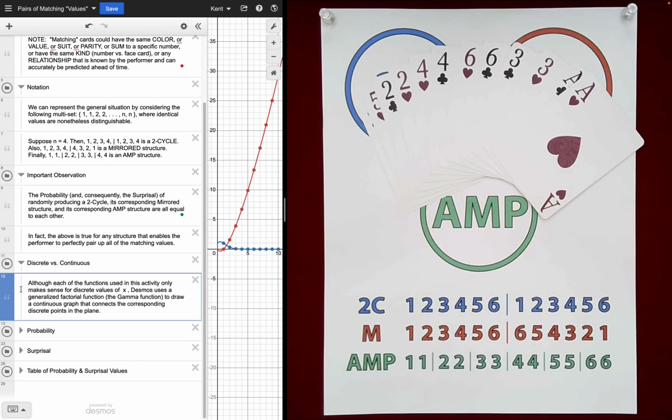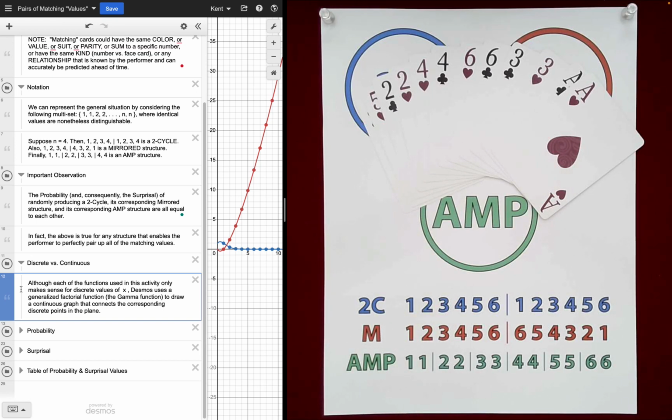Okay, so let's take a look at a Desmos idiosyncrasy. Although each of the functions used in this activity only makes sense for discrete values of x, Desmos uses a generalized factorial function, the gamma function, to draw a continuous graph that connects the corresponding discrete points in the plane.